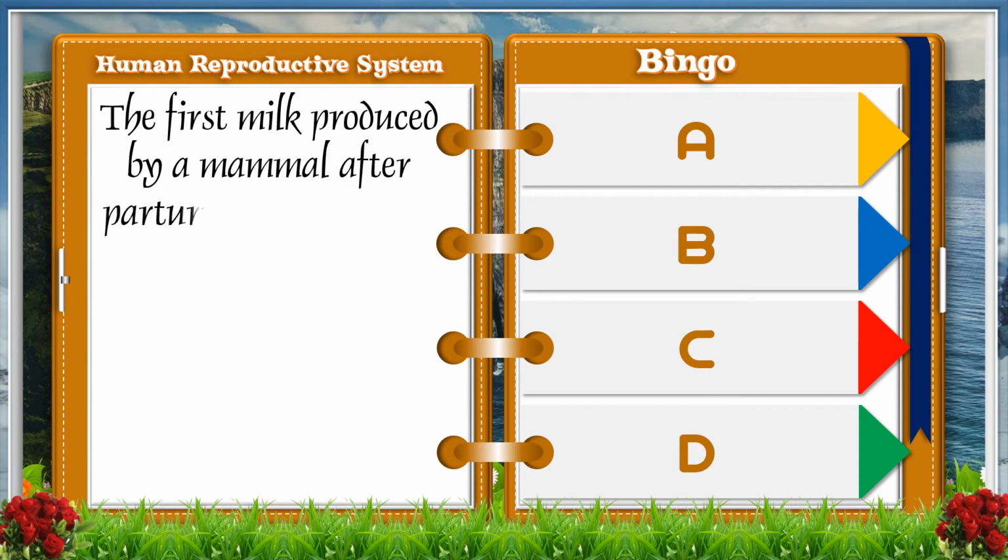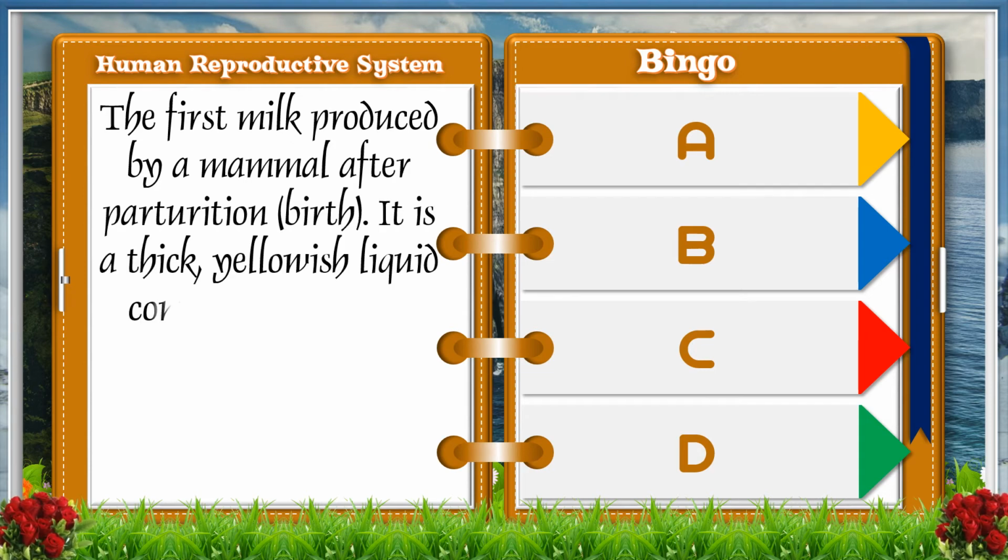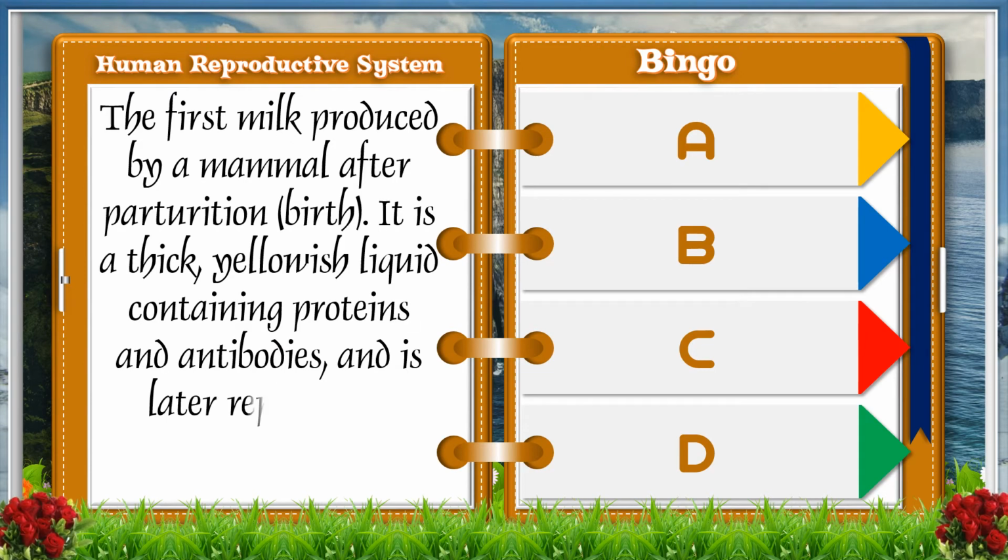The first milk produced by a mammal after parturition, that is birth. It is a thick yellowish liquid containing proteins and antibodies, and is later replaced by breast milk.